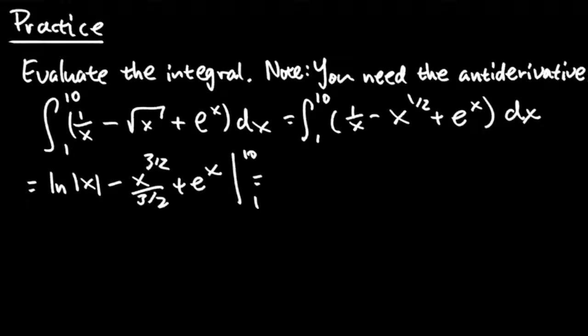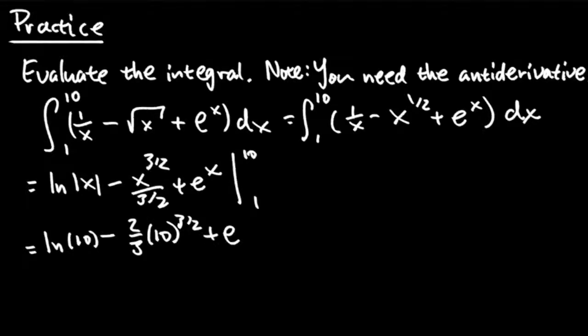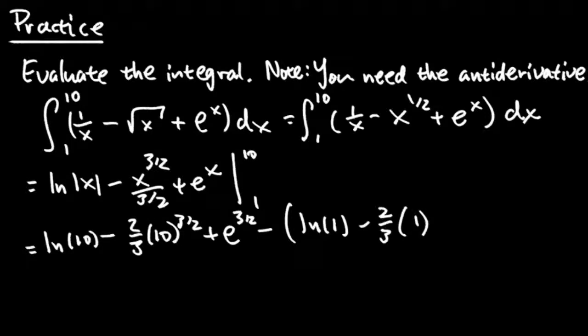All right, so let's do that all out. I'll do it over here. So ln of 10 minus 2/3 times 10 to the 3 over 2 power plus e to the 10, minus ln of 1 minus 2/3 times 1, plus e to the 1. So this reduces to, well, that's nice, the ln of 1 goes away.